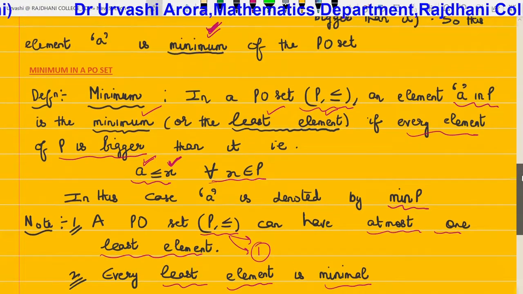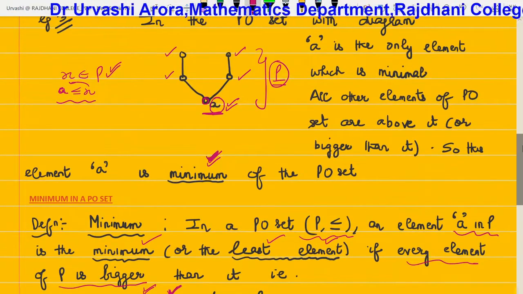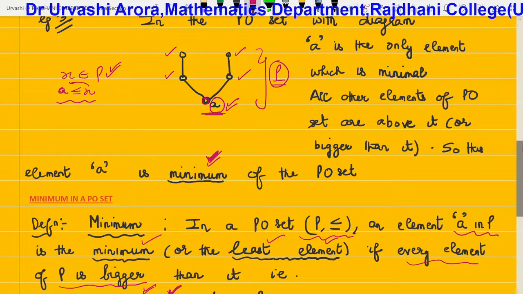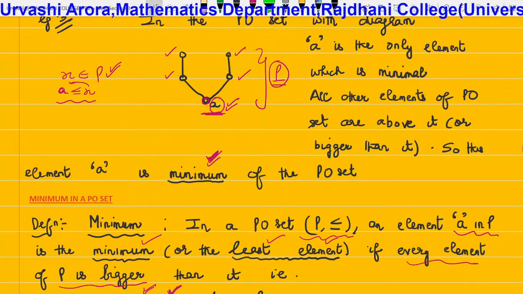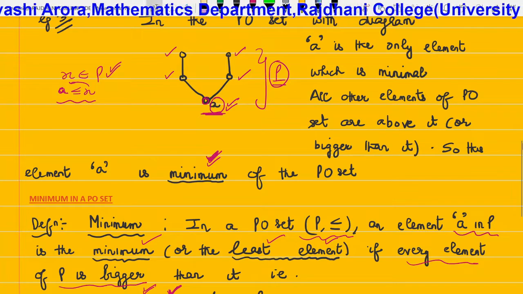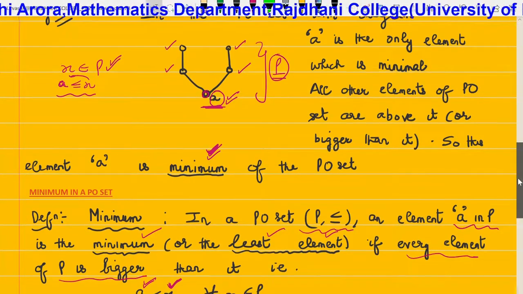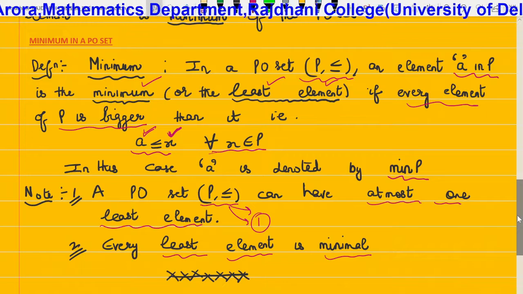Which we have seen in this particular example also, that here A is the minimum. This particular A, which is at the bottom, is the minimum as well as the minimal. So that was all about the minimal element in a PO set and minimum in a PO set.